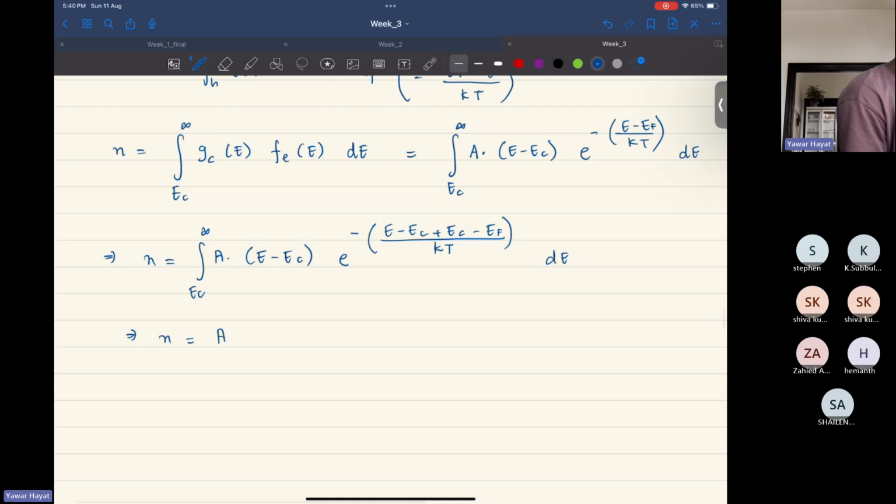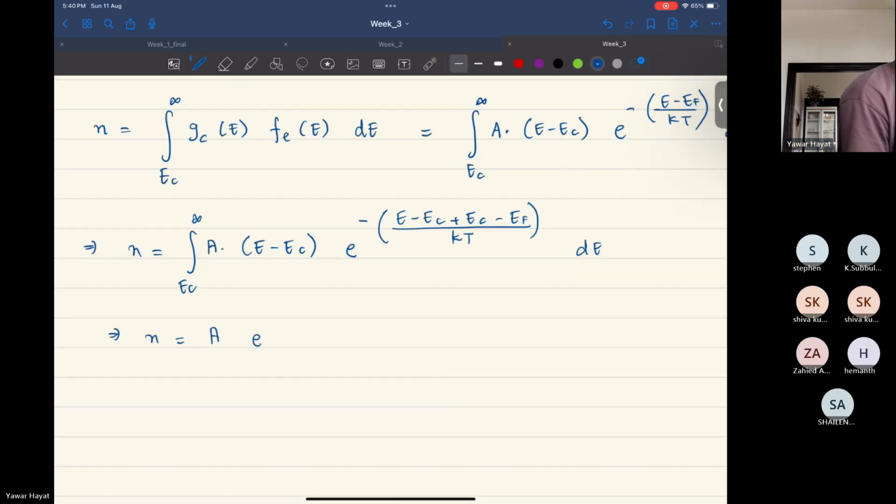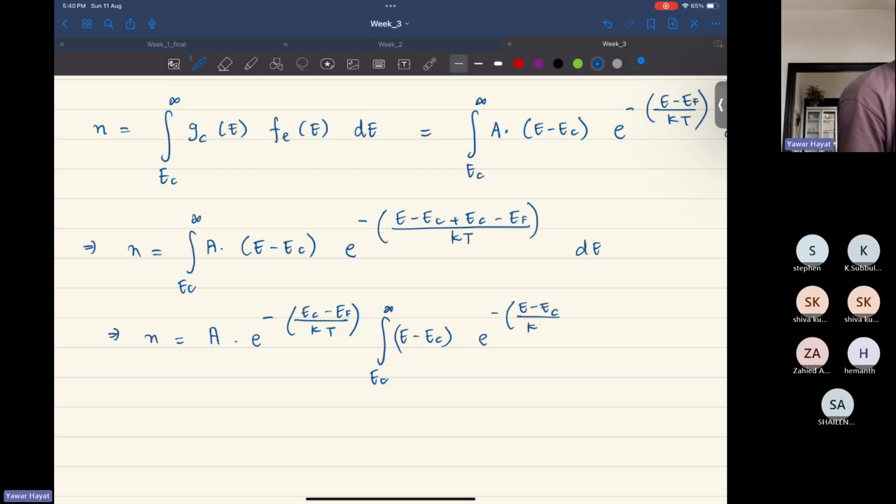So this is A, exponential of minus EC minus EF over KT, and then integral EC to infinity E minus EC exponential of minus E minus EC by KT dE.